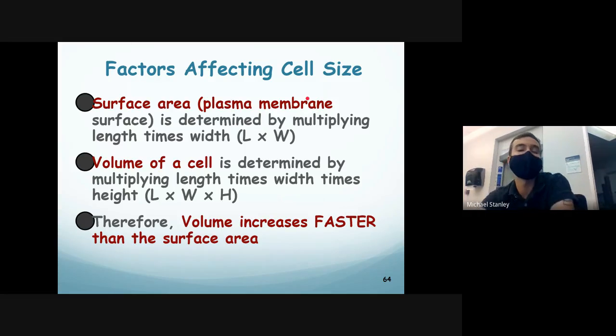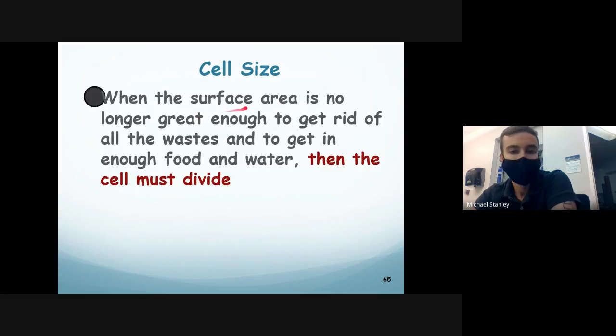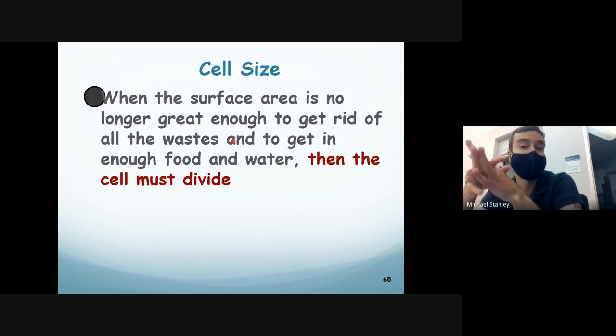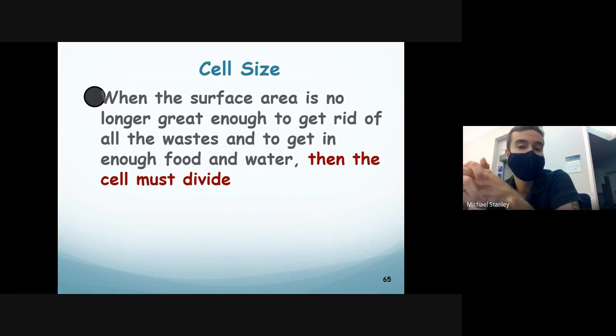So as cells get bigger, even though they don't have as much coverage, they're getting a lot more size on the inside. So why is that important when it comes to how big cells can get? It means that surface area is really important, right? Because we're taking stuff in through the cell membrane, and we're sending it out through the cell membrane.